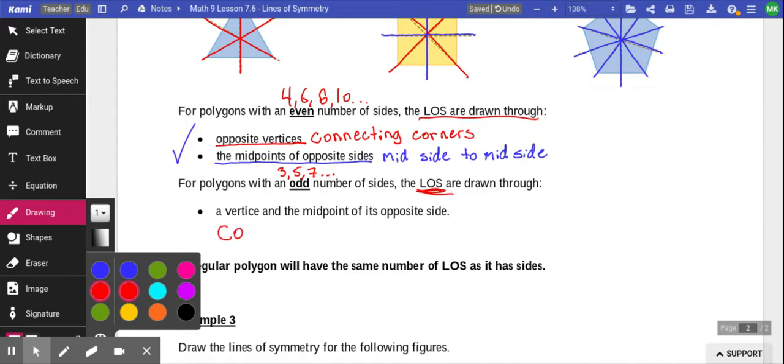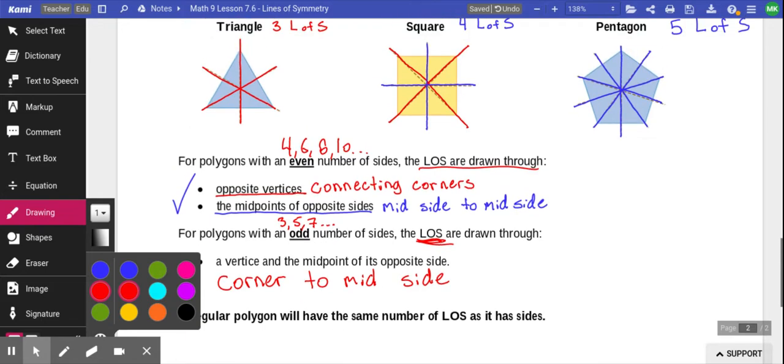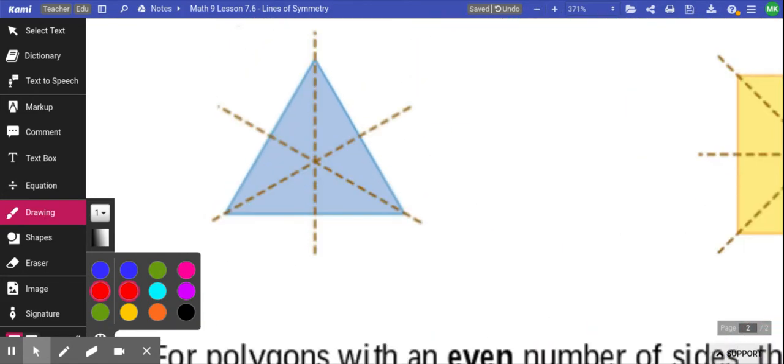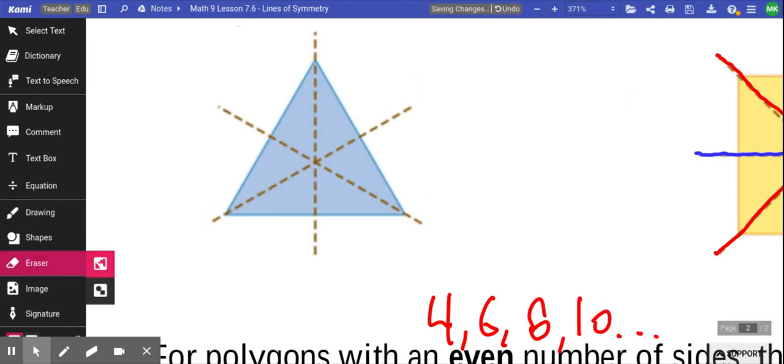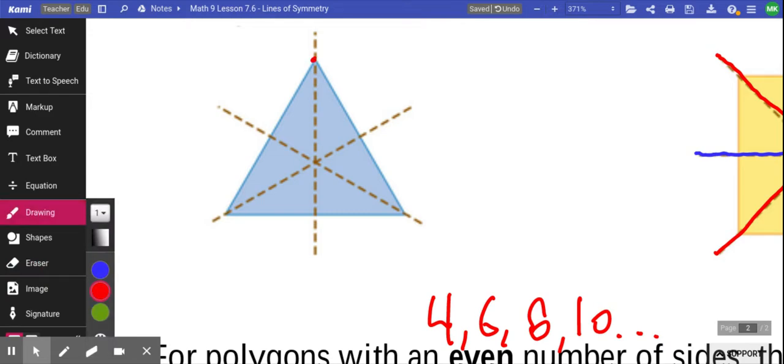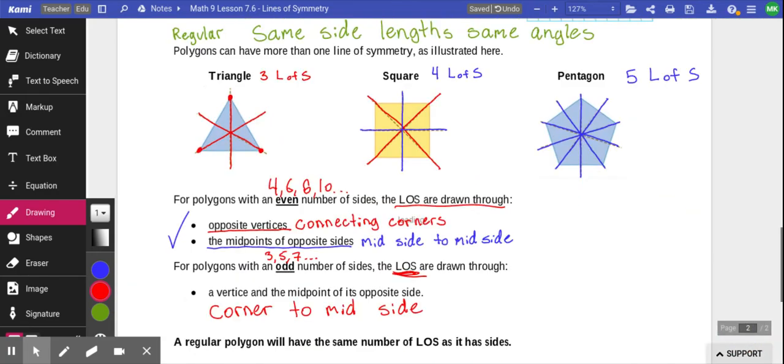That's from corner to mid side. And if we look, that's exactly what we did on our triangle. To find all of our lines of symmetry, we went from corner or vertice to the middle of the side length across from it to create all 3 lines of symmetry.